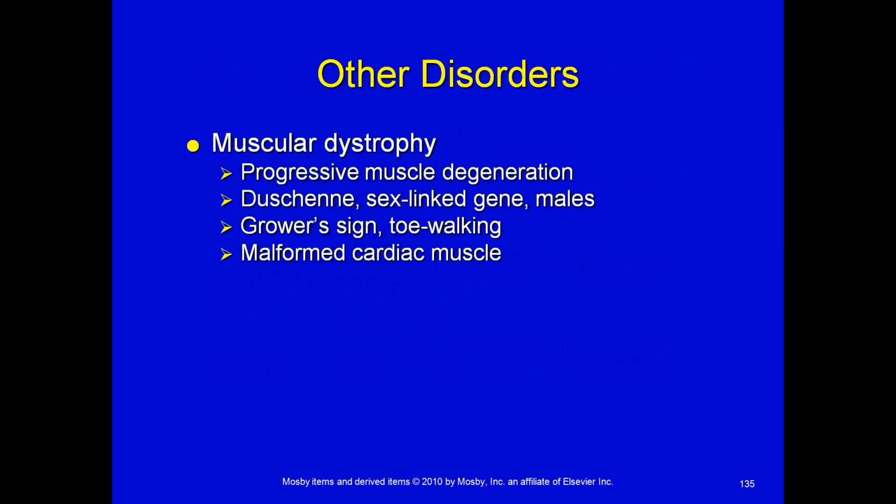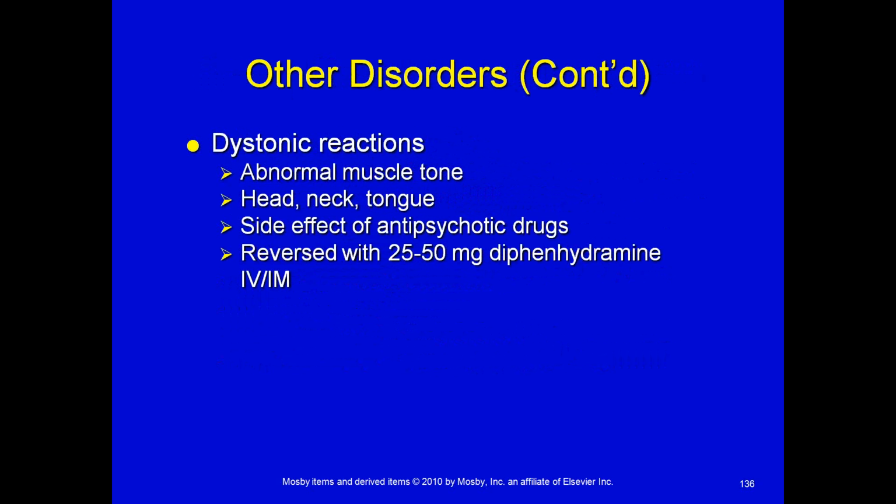They keep their heels up off the ground as they learn to walk, and they don't like to put their heels flat on the ground. They also may have malformed cardiac muscle, so their heart may not work well as a pump either.